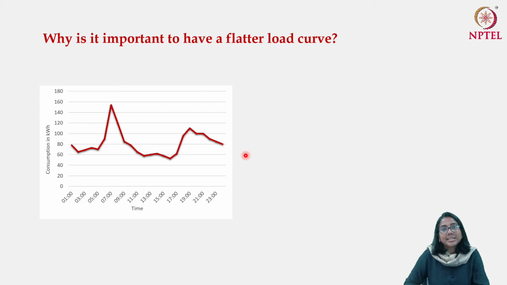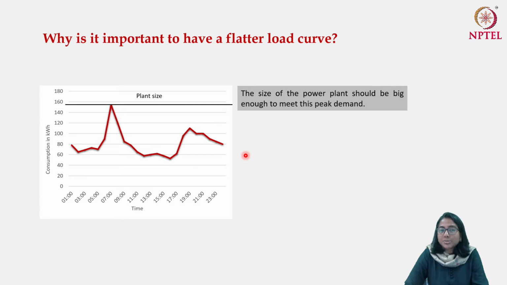So if this is the existing demand curve, the demand curve in the reference scenario, in order to supply this much electricity, you actually need a power plant whose size is big enough to meet this electricity demand at the peak period. So the size of the power plant that we want should be commensurate with the size of the peak demand. Otherwise, there will be a power cut during the peak demand.